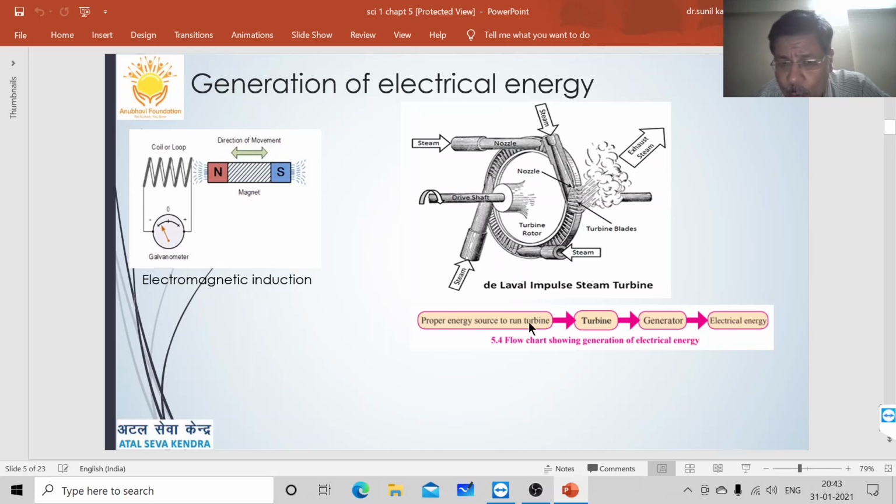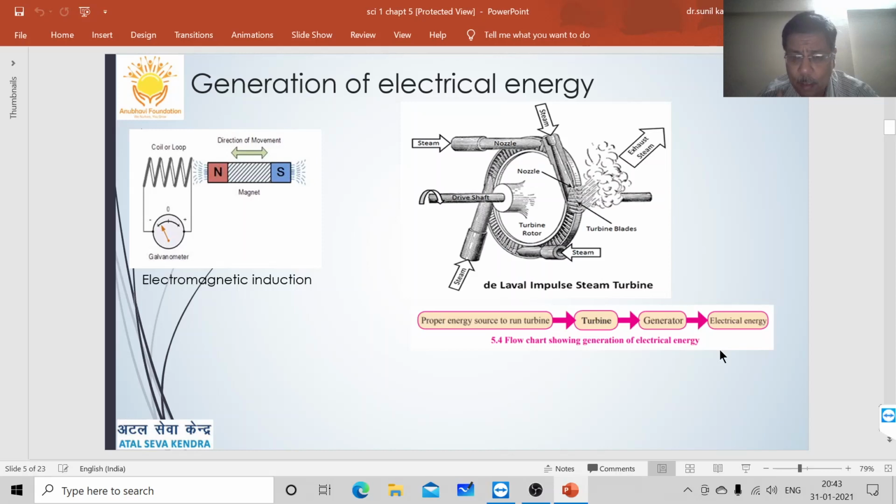We are using the energy source for rotating or moving that turbine. This turbine in turn will be used for electromagnetic induction, that is the magnetic effect, which will help in production of energy in the generator. Mechanical energy into electrical energy, that is the main principle which we are following for all the things in this chapter.